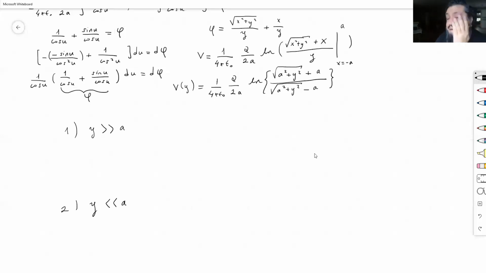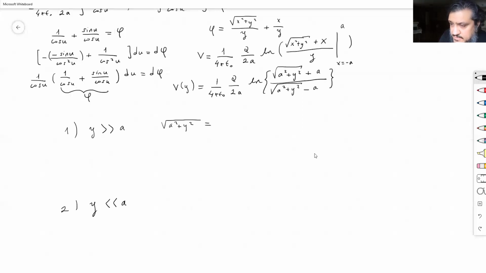Okay, so let's do the small a limit first. So we have expressions like this: a squared plus y squared.